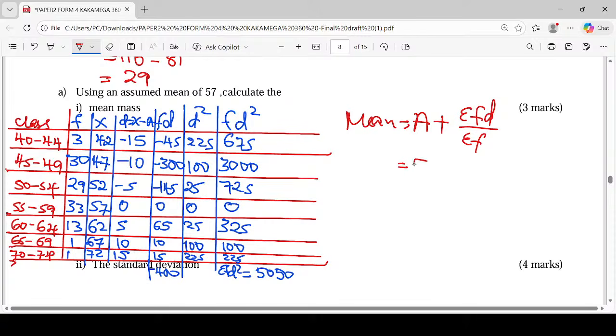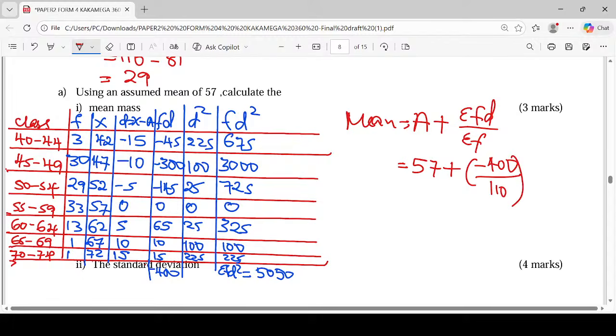We are going to have here 57 plus our summation of FD, which we found as negative 400, over summation of F, which is 110.